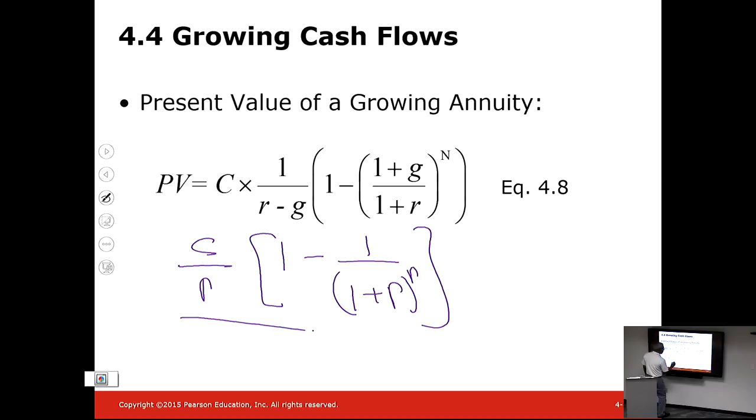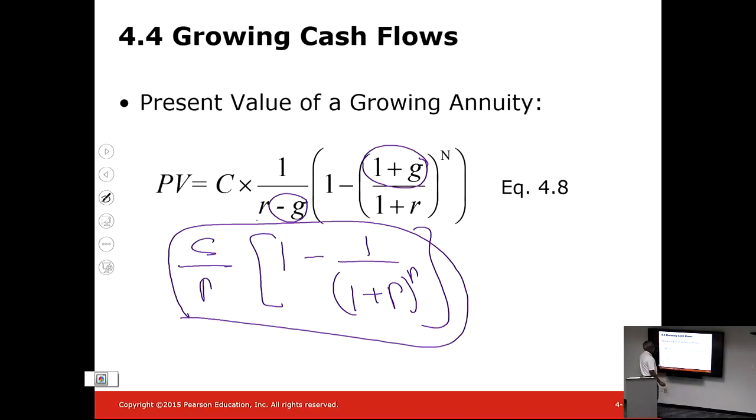This was the present value of an annuity. For the present value of a growing annuity, the difference is I divide this by R minus G and I add 1 plus G over here. Now this particular formula does not have a financial calculator process. You have to apply it in the formula method.